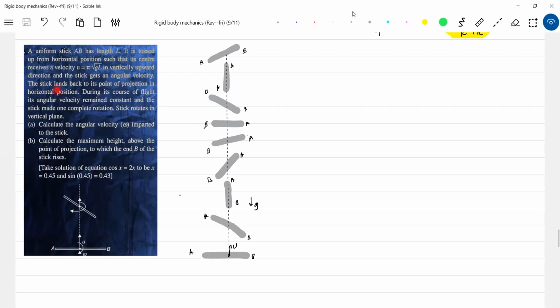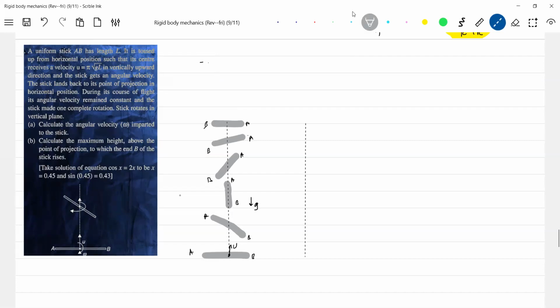Let it land back at its point of projection in horizontal position. These parts will not be there. One rotation itself is telling.